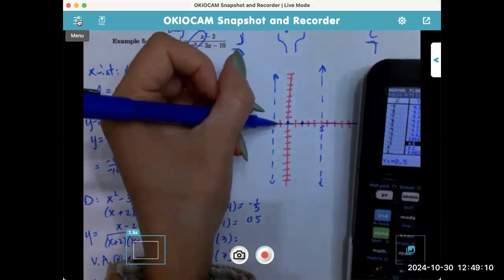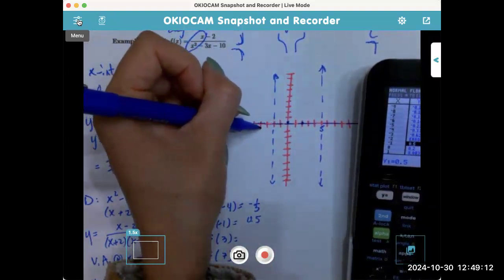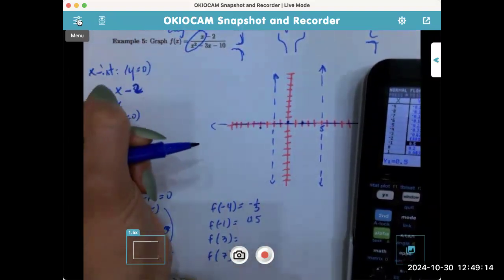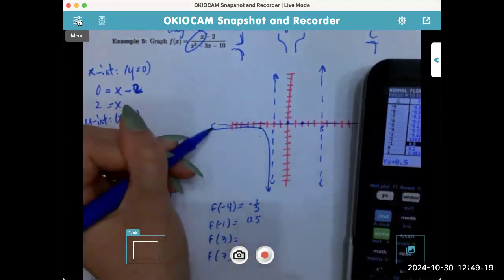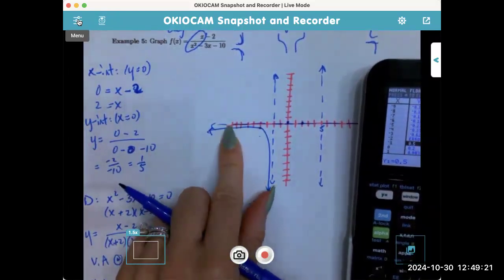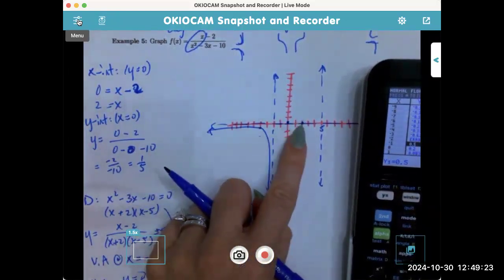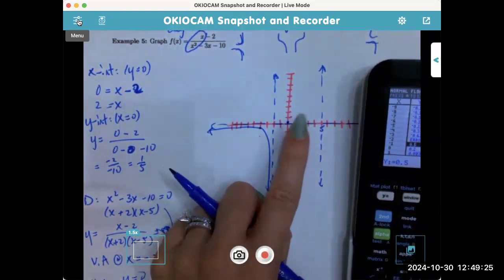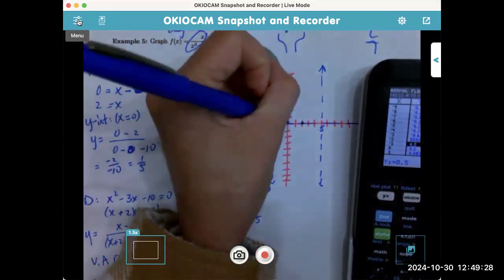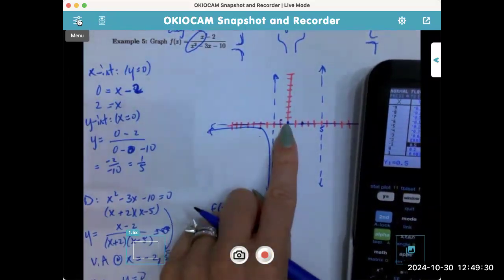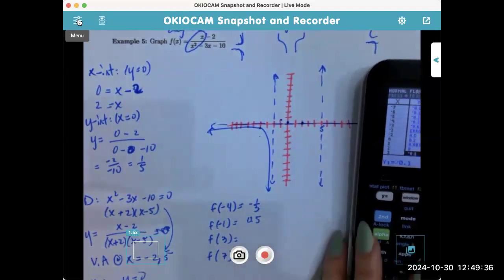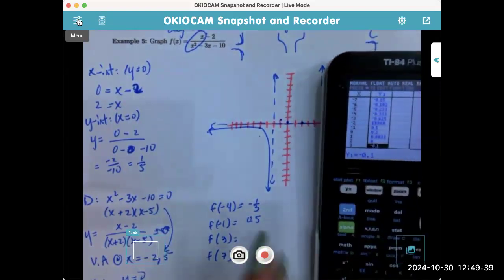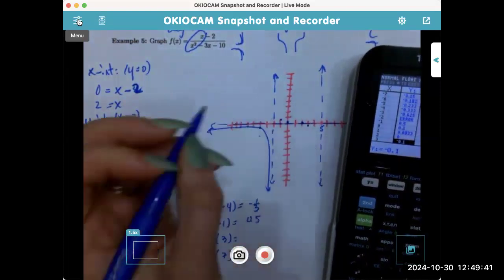That means I know my boomerang is under the x-axis, because remember, this is the only x-intercept we have. -1 is a half, so we're slightly above our 20%. f of 3 is -1/10, or -0.1.